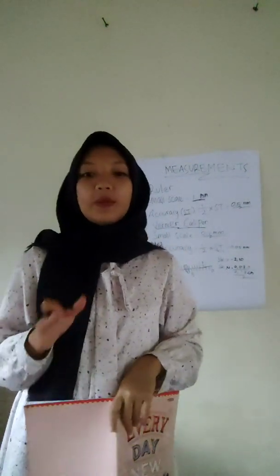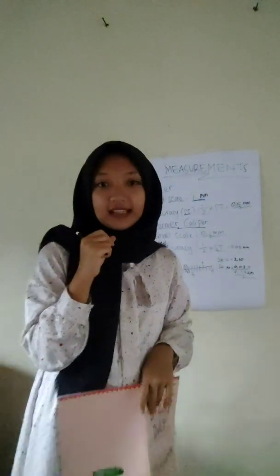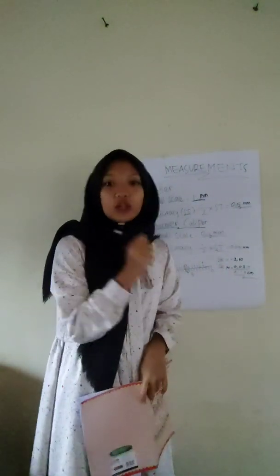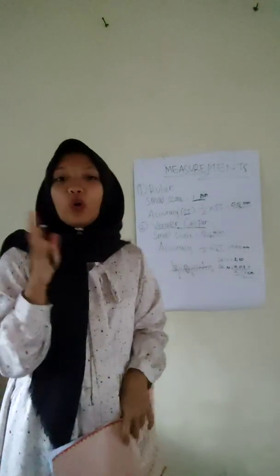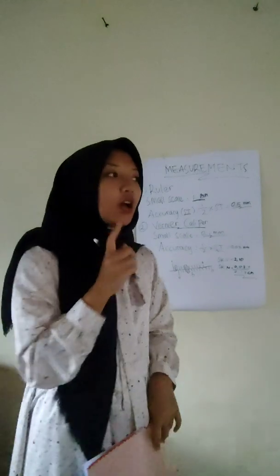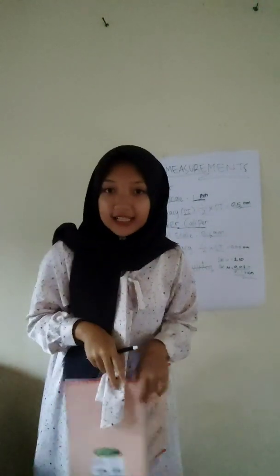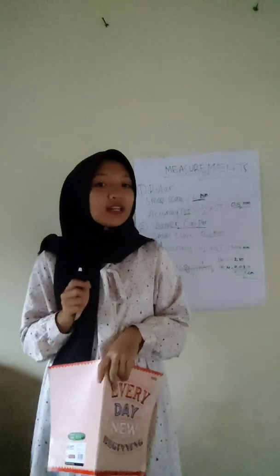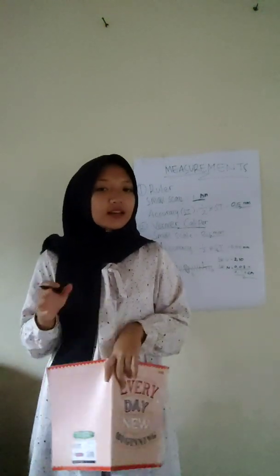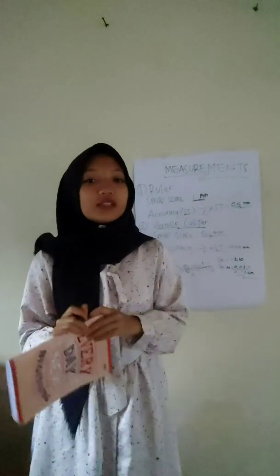Okay, so this is the caliper measurement. Let's first look at the main scale and the nonius scale. To see the main scale, we look at the measuring tool like this. Before the zero of the sliding scale, the main scale indicates what number? Then we determine the nonius scale.